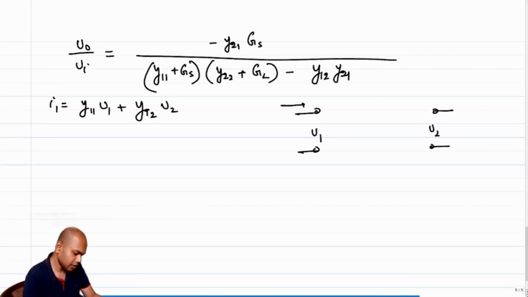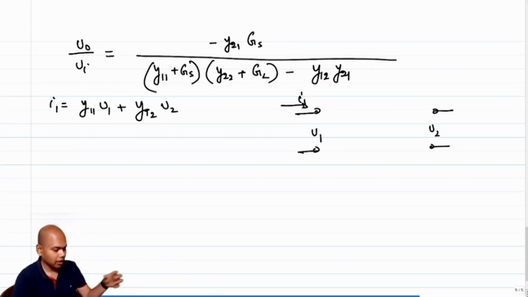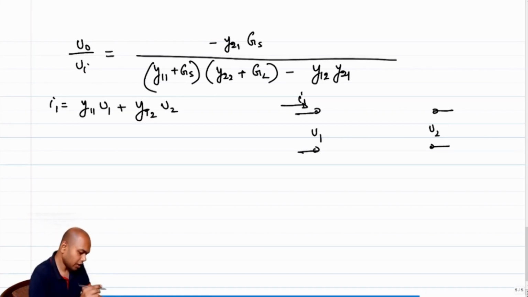What is this telling us? This equation is telling us that current I1 is related to port voltage V1, right? Current I1 is directly proportional to the port voltage V1.